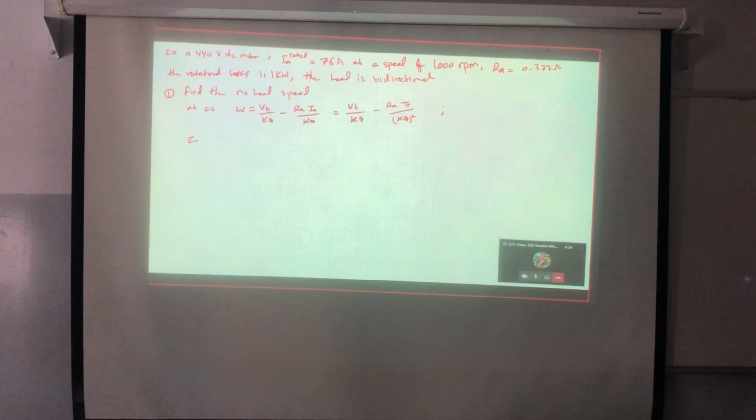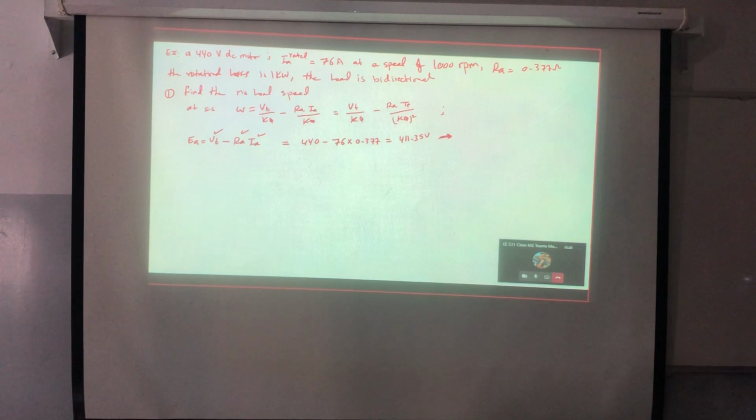Now I need to find K phi. So EA equals VT minus RA IA. VT is given, RA is given, IA is given. So this will be a piece of cake. This will be 440 minus 76 multiplied by 0.377. If I do the math, this will equal 411.35 volt.